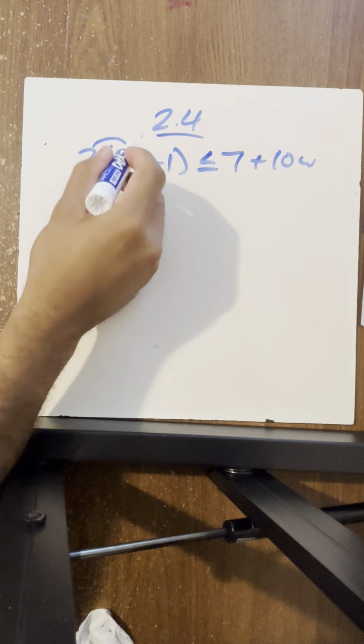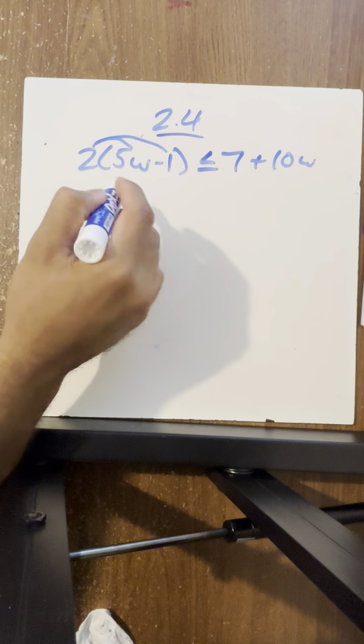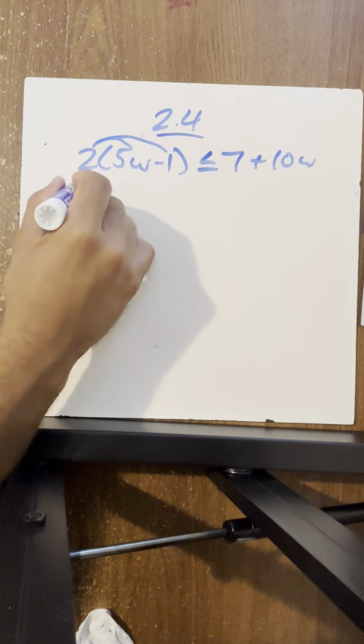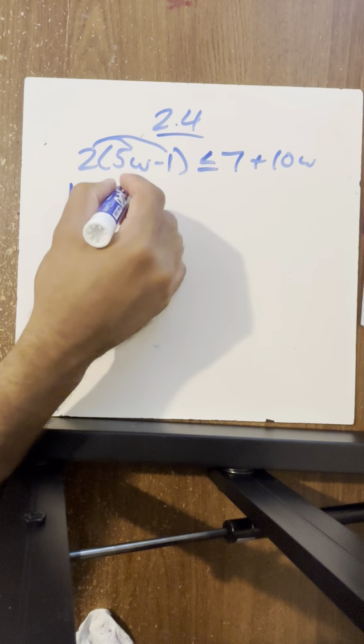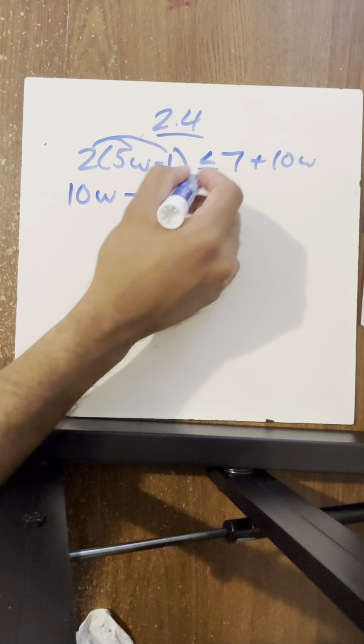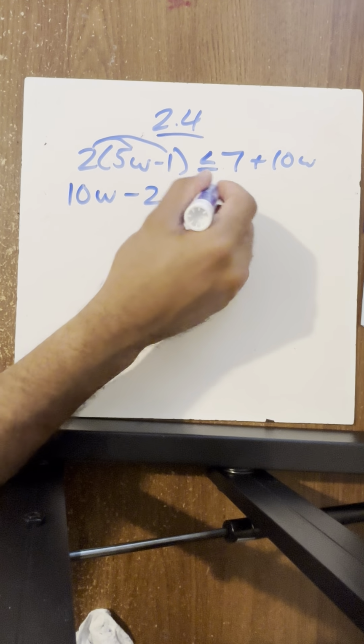So again, let's multiply the 2 to the 5w and the 2 to the negative 1. 2 times 5 is 10, so we get 10w on this side. 2 times negative 1 is negative 2, right? And then less than or equal to 7 plus 10w.